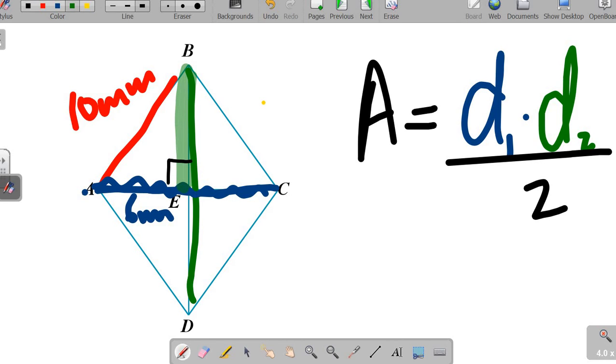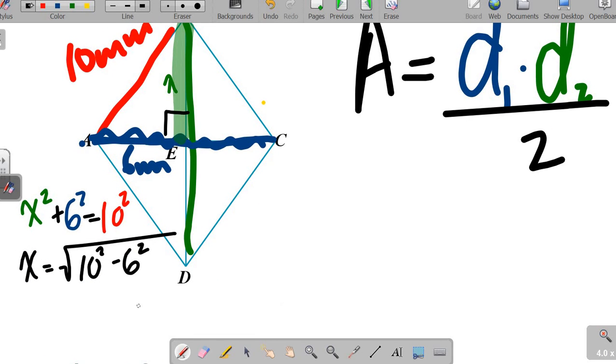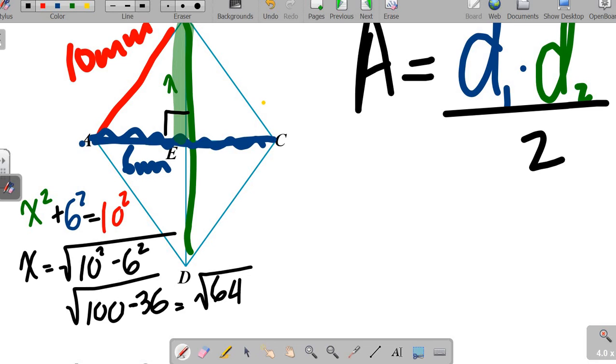There's a right triangle there, of course, and we have an X. So we're going to go leg squared plus leg squared equals hypotenuse squared. So X is going to be the square root of 10 squared minus 6 squared, which makes X equal 8, if you knew your triplets.